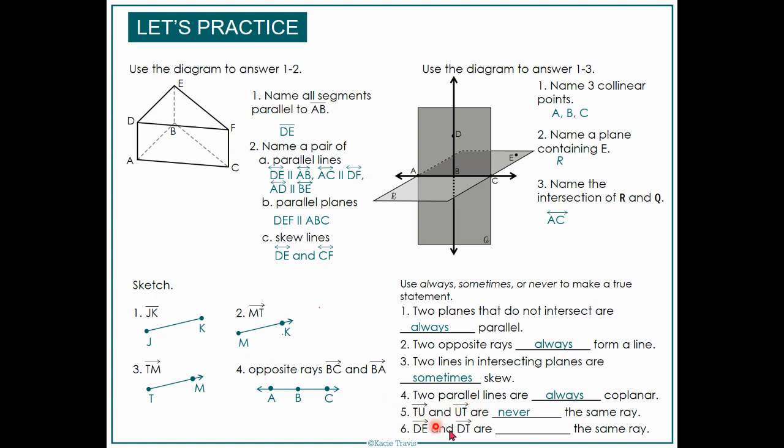Now, what's the difference between this one and this one here is that this one is sometimes. That's because you can have a line like this. Let me go through and make a line here. You can have our line that we're going to make into our ray. See how both of these have D involved?